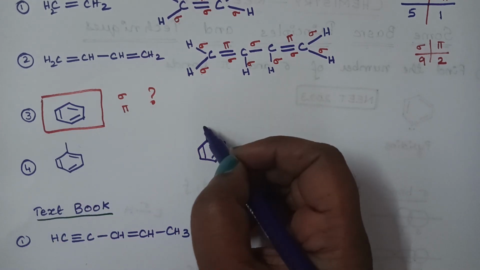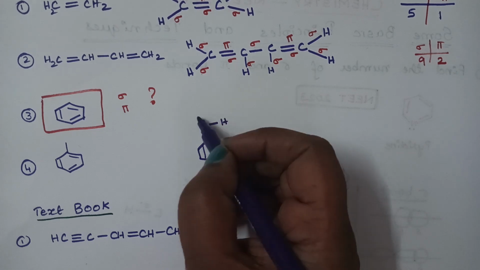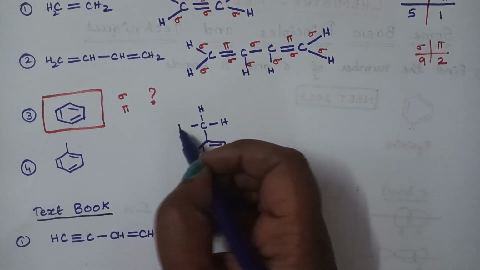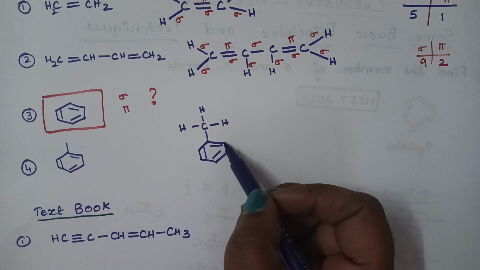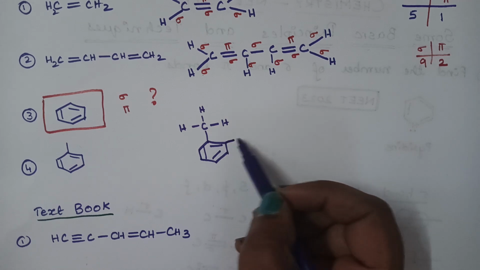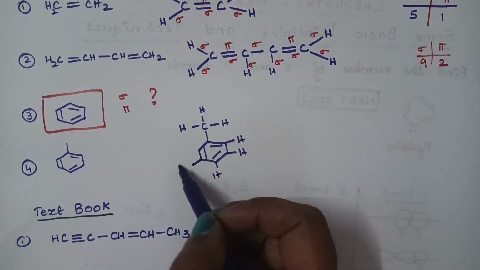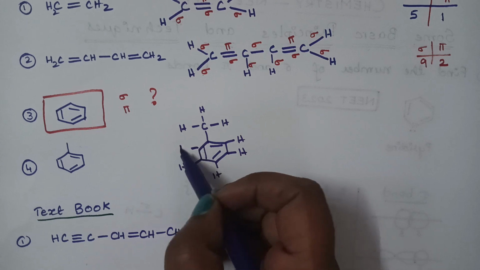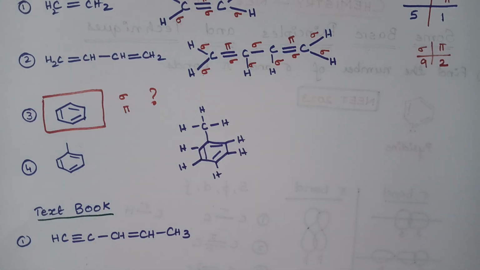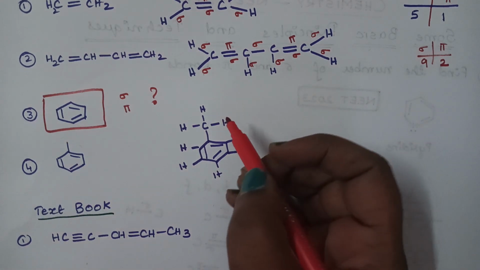The methyl group is carbon, hydrogen, hydrogen, hydrogen, and each carbon atom will have one hydrogen atom. So hydrogen, hydrogen and hydrogen. Now count the number of sigma and pi bonds.